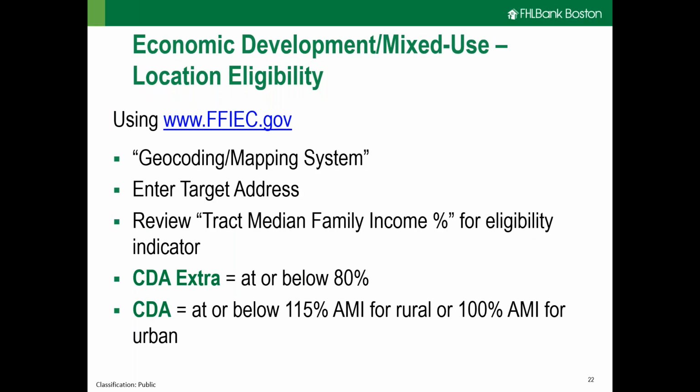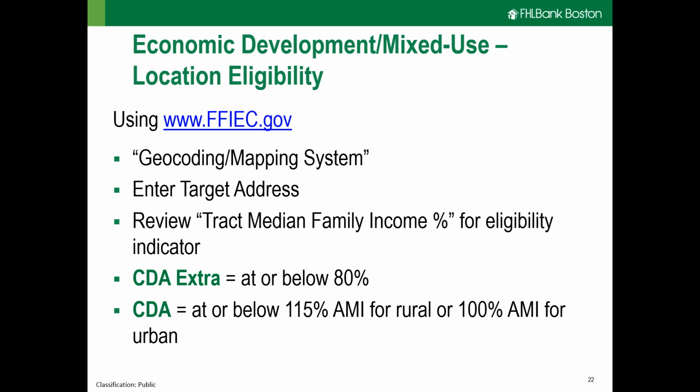Just to give you a better understanding of how we're making the determination whether or not a particular application or program is eligible, we do utilize the FFIEC website to determine if the physical location of a business is in an income eligible census tract.